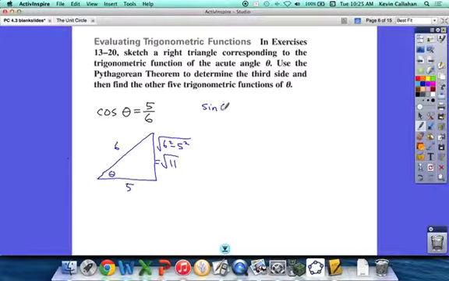Sine, cosine, tangent, cosecant, secant, cotangent. So what is the sine?